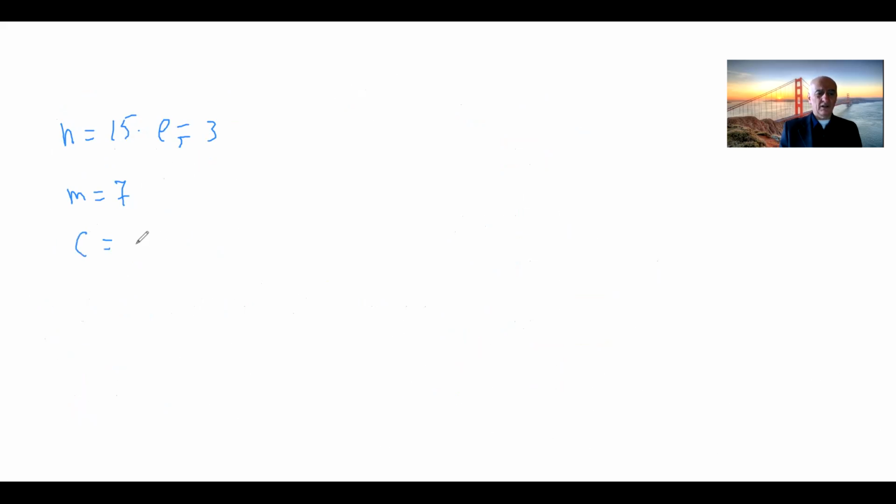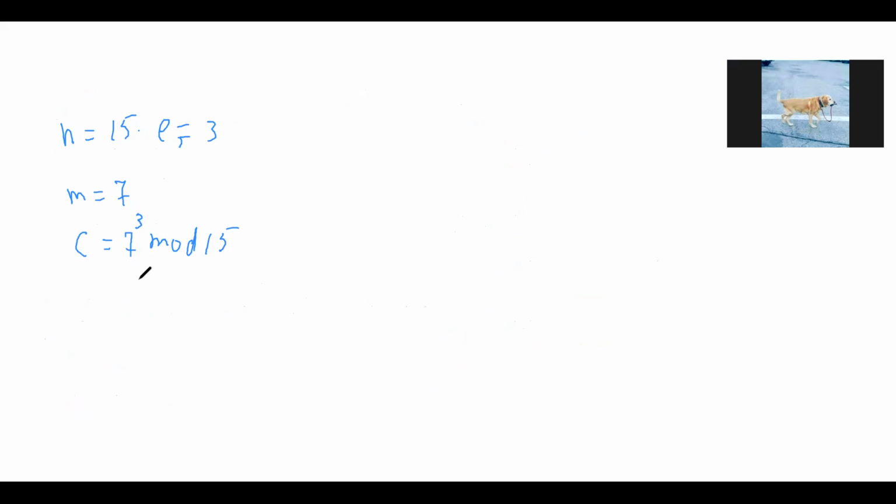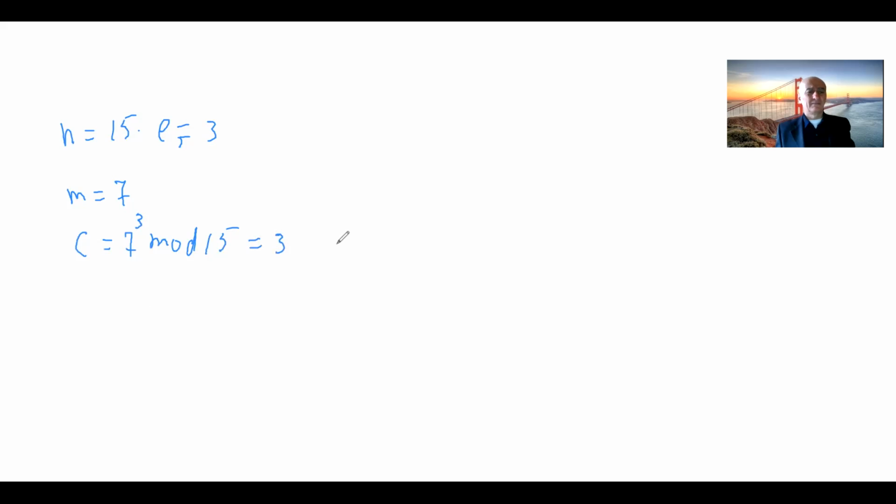C in this case is 7 to the power 3 mod 15. It's 3. What is Andrew's answer? It's 3? Yeah, it's 3. Okay. Can anyone confirm it?